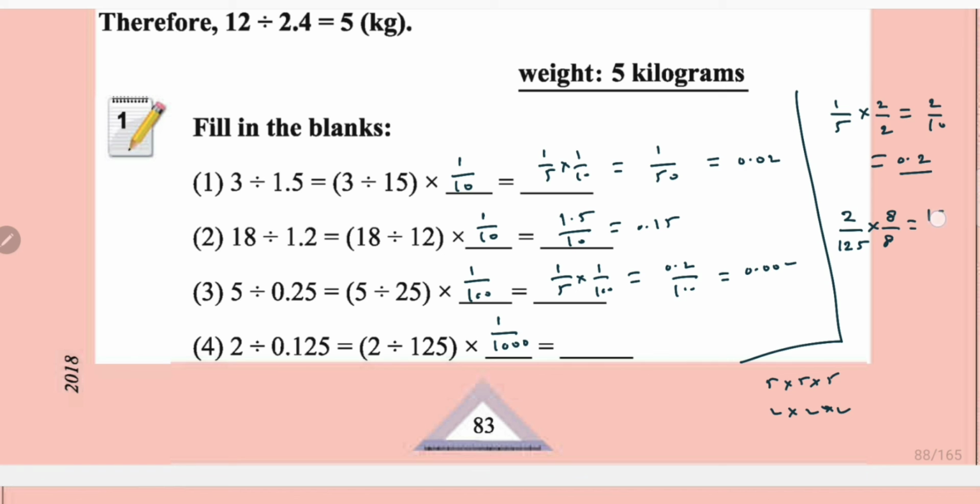So this becomes 16 divided by 1000. How much is 16 by 1000? 0.16. When the denominator is either 5 or 2 or a multiplication combination of only 5 and 2, you can proceed with this method. So 2 by 125, finally we got 0.16. 0.16 by 1000 is 0.00016. Okay, that is the answer.